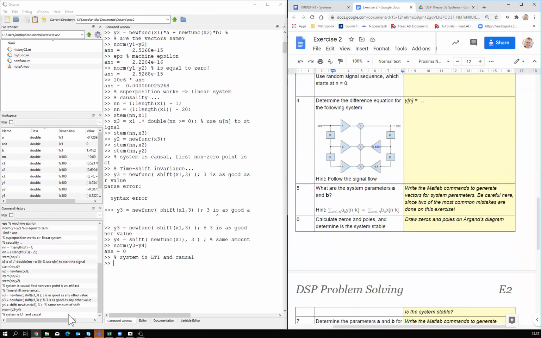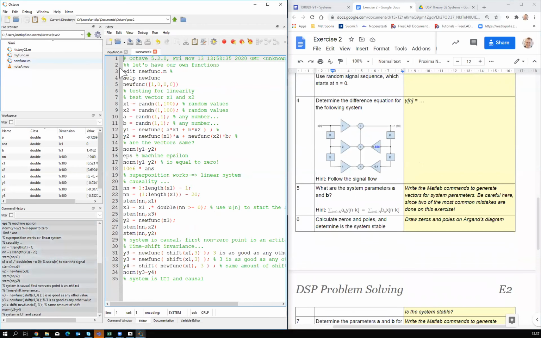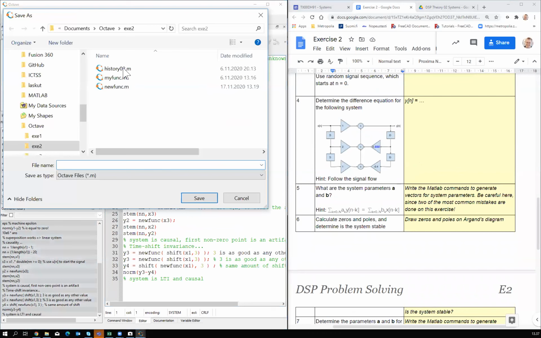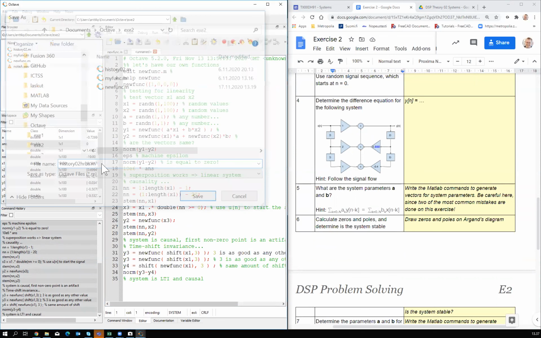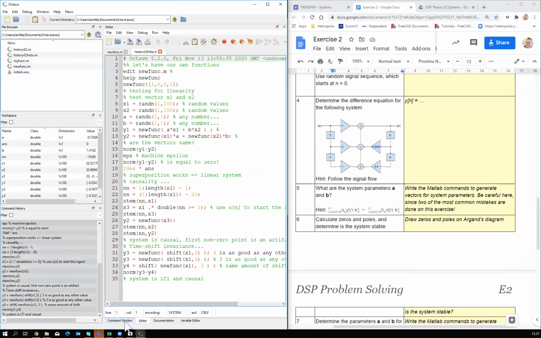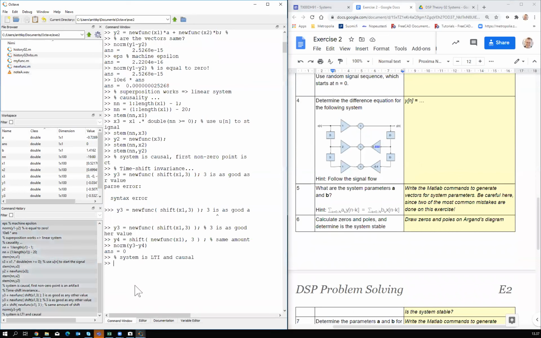Okay, let me do something here, since last time I was working with Octave it actually crashed. So there we go.